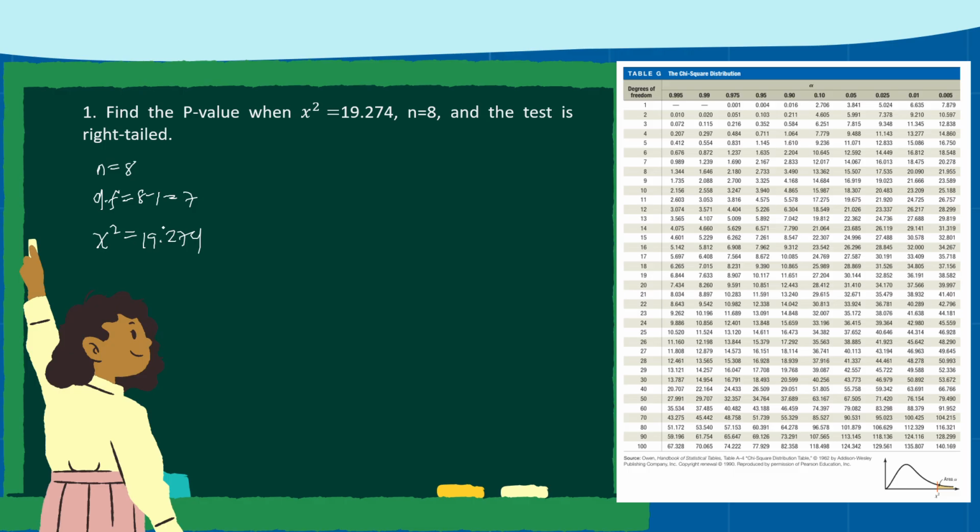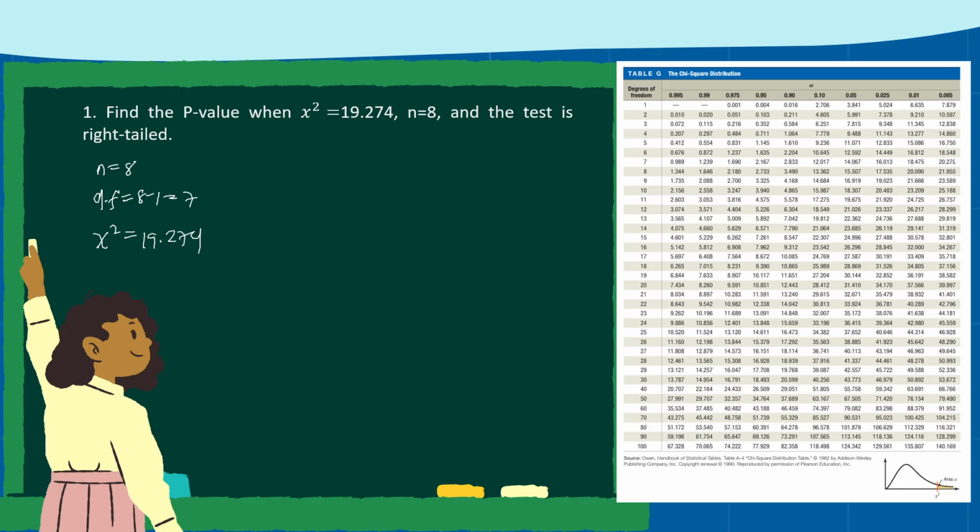So in table G, we have to find the values for 19.274. Okay, this one.